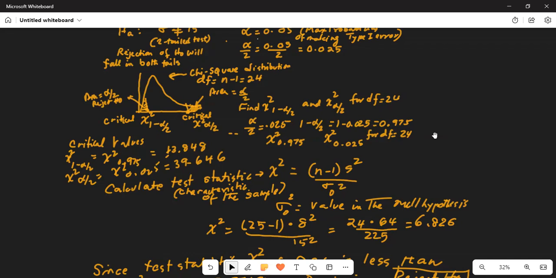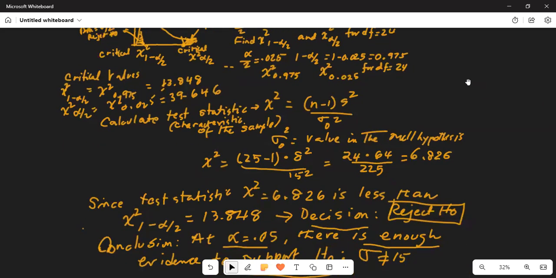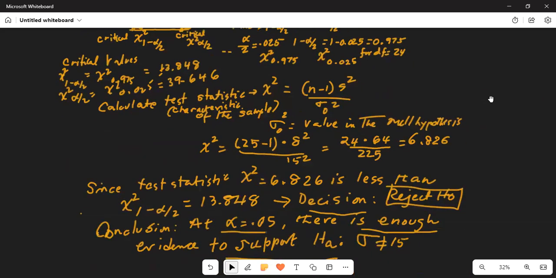Okay. So we do the calculation, and the chi-square comes out as 6.826.